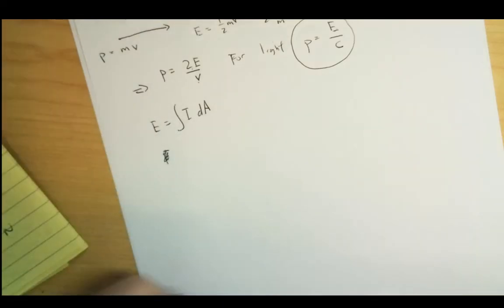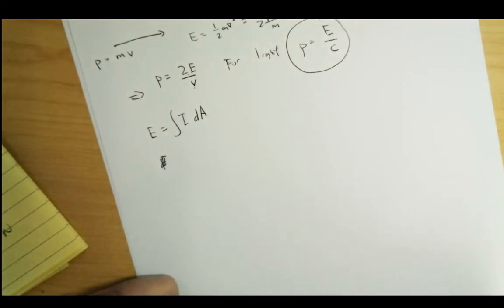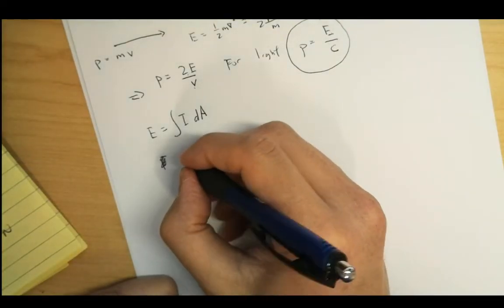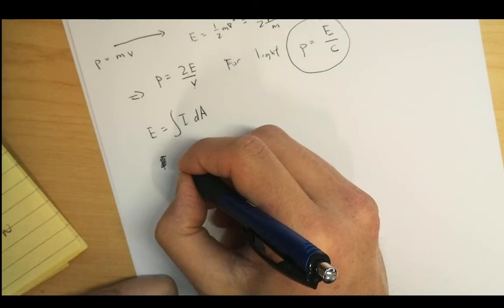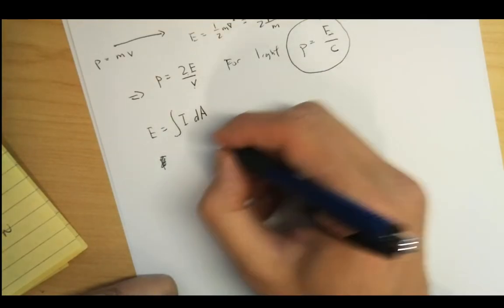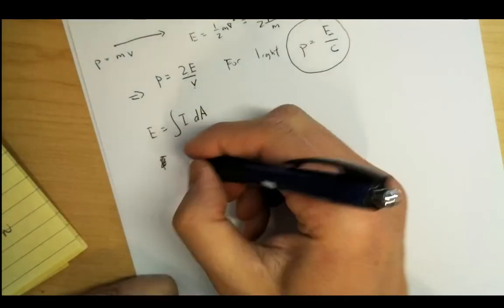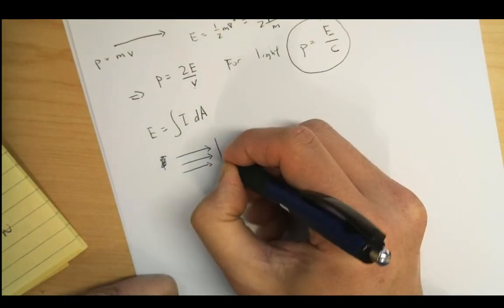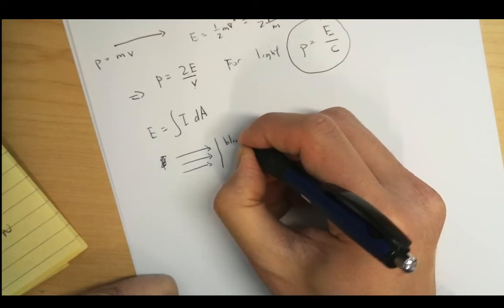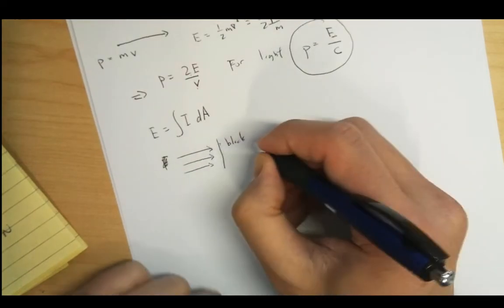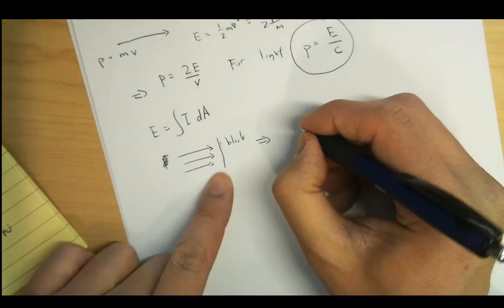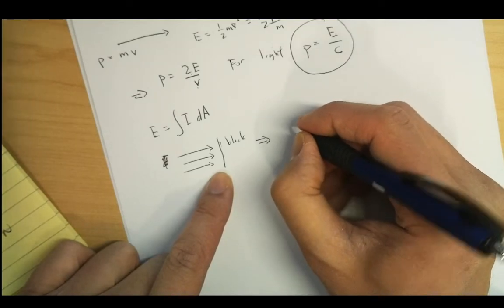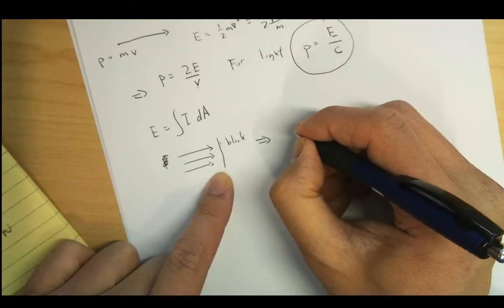So if you absorb this light here, you have some light coming in and a perfectly black surface, so everything gets absorbed.